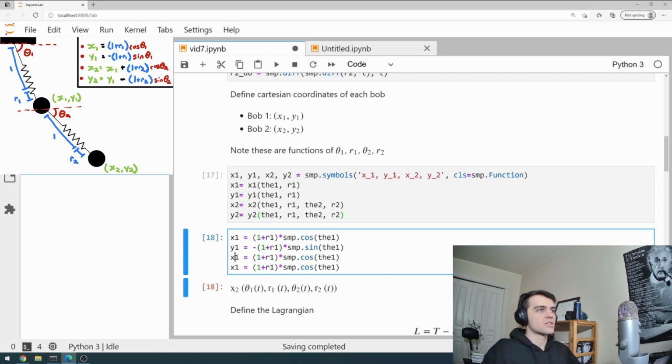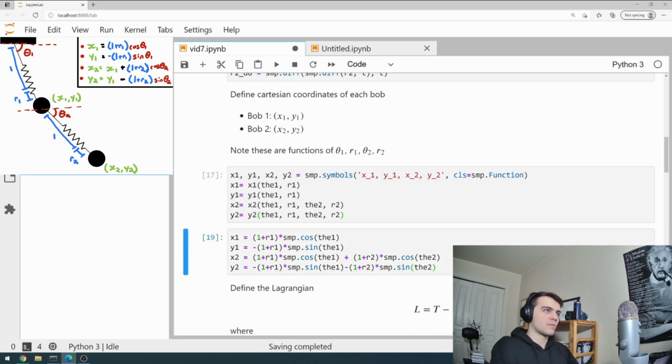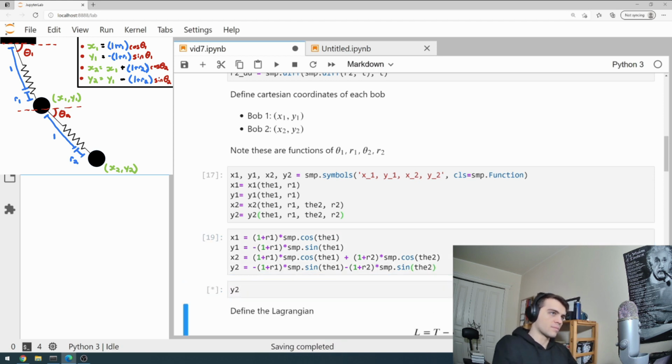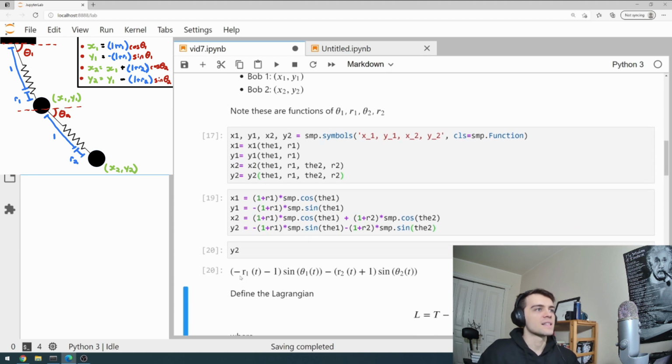And x2 and y2 are defined similarly. Here I have a 1 plus r2 cos theta 2. And then this gets repeated for y2. I'm just putting in the formula you see on the side. And here we are. We've defined x1, y1, x2, y2. So for example, I can print y2, and it has exactly what you would expect for this formula here.